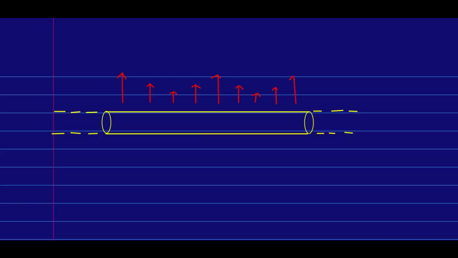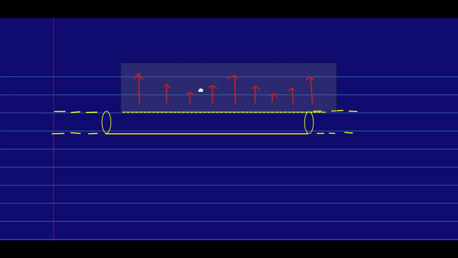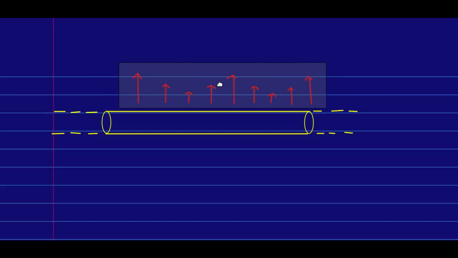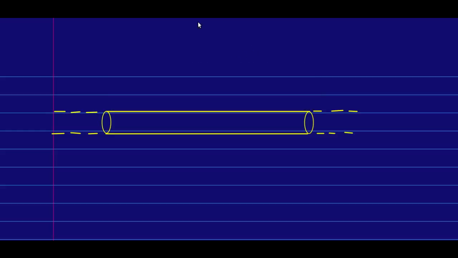Remember that the cylinder has translational symmetry along its long axis. However, if we shift this by any arbitrary amount along the length of the cylinder, that's a different field. And so this field doesn't have the translational symmetry that the cylinder does. And so that tells us that the magnitude has to be the same at every point along the cylinder.